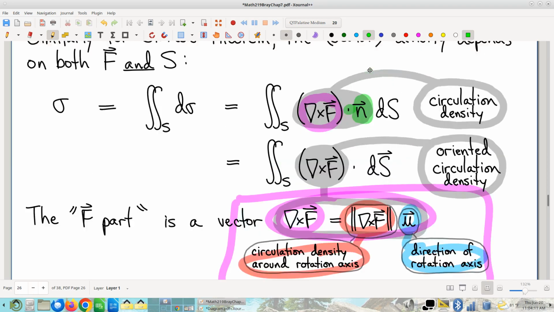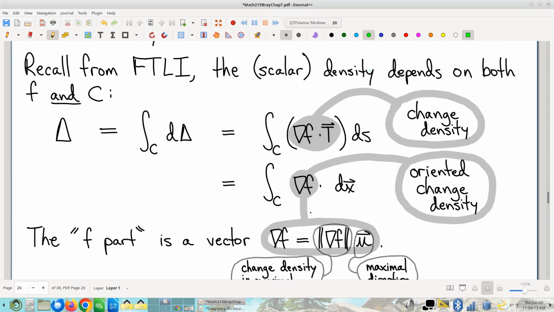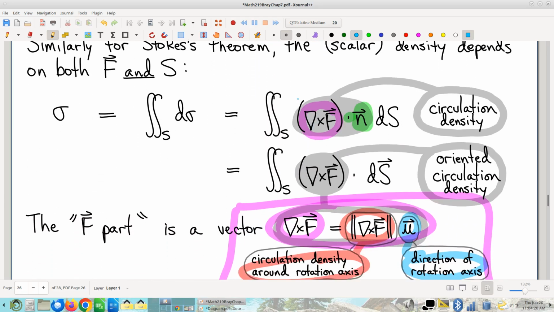So in the same way that dot product with the direction you're going tells you how much of the steepness of the mountain you are personally going to experience, in the same way, does this dot product kind of do the same thing?